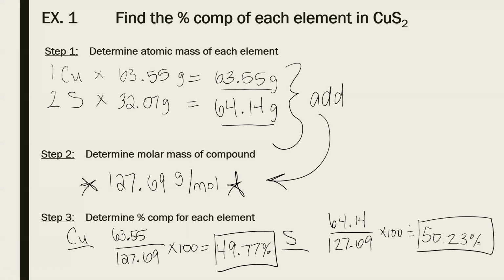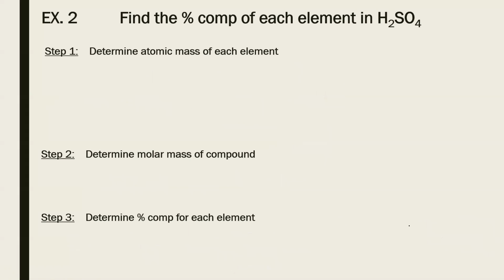So pretty even, about half and half. So that's why you can't just say, well, there's 1 copper and 2 sulfur, so sulfur must be present in more abundance. You actually have to do the percent composition. So we've got about 49.77% copper to about 50.23% sulfur. That is finding percent composition of each element within the compound. All right, try example 2.